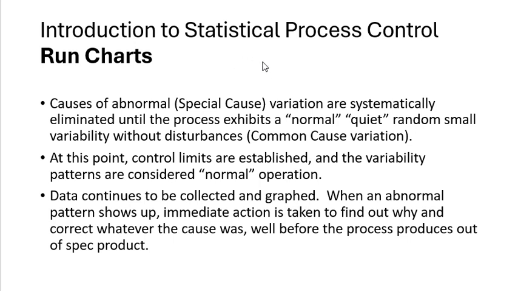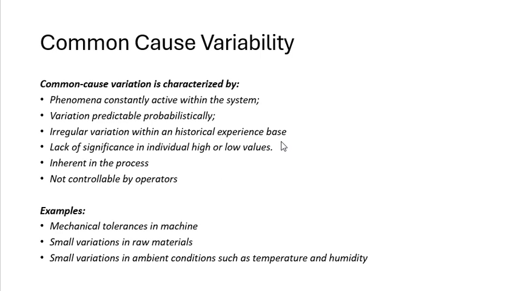So a lot of people are like, oh, SPC, it's not a big deal. It's pretty easy, you just need to learn how to read the data. Of course, now you need to know what the common causes for the variation are. So the very first one is phenomena constantly active within the system.